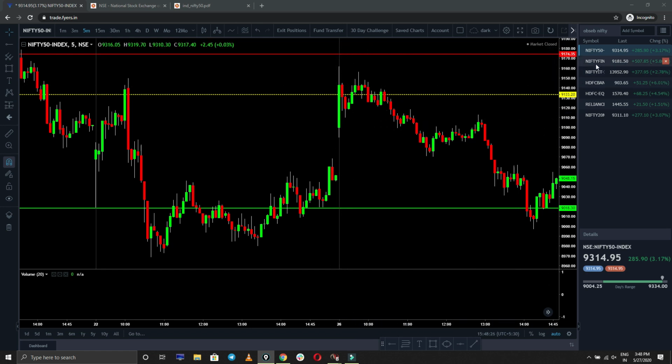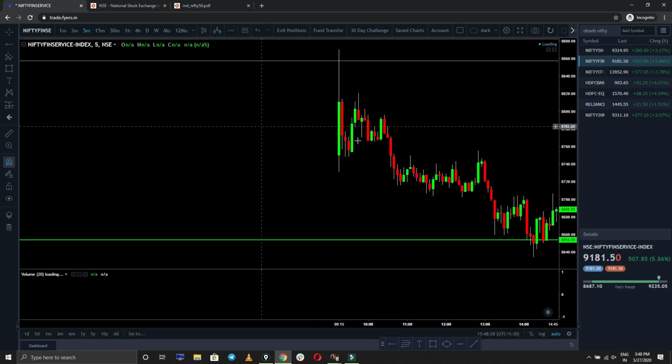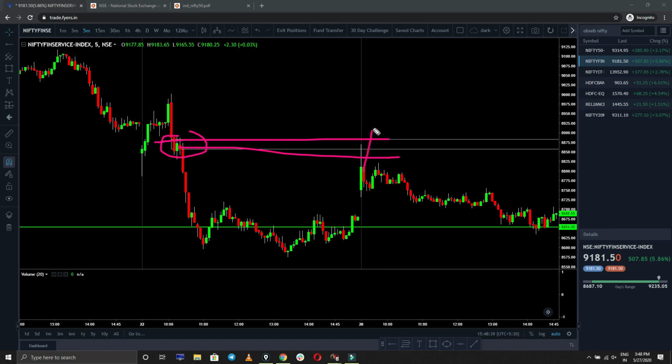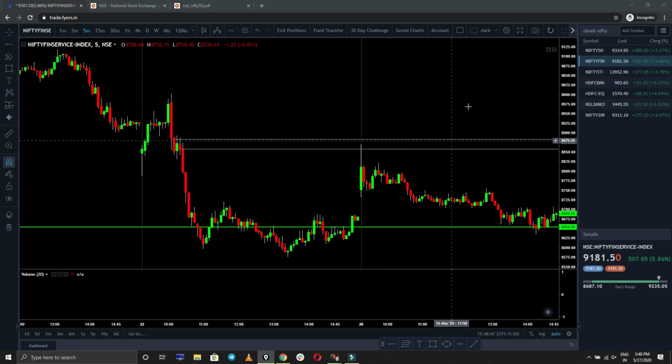How to confirm the sell? Day before yesterday we got a fall, and the first time we got a demand and supply zone near this. Till this breaks, we can't expect an up move. Here we got a rejection exactly there.